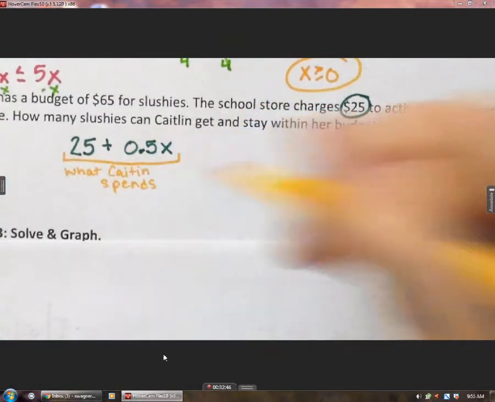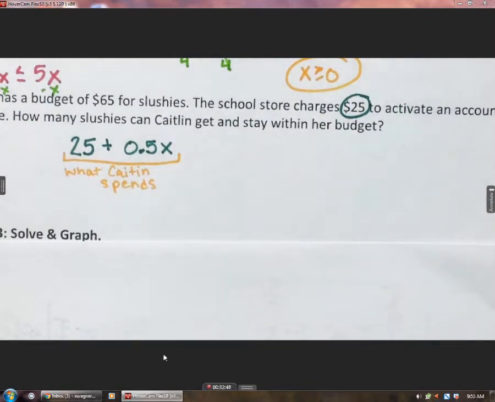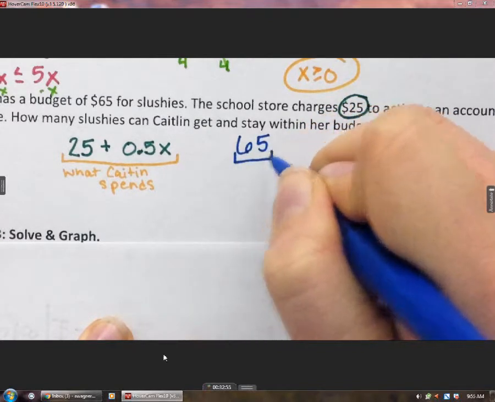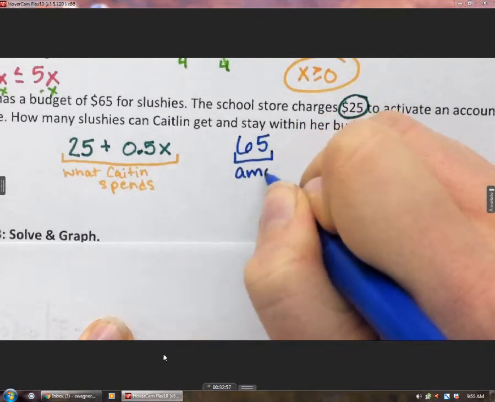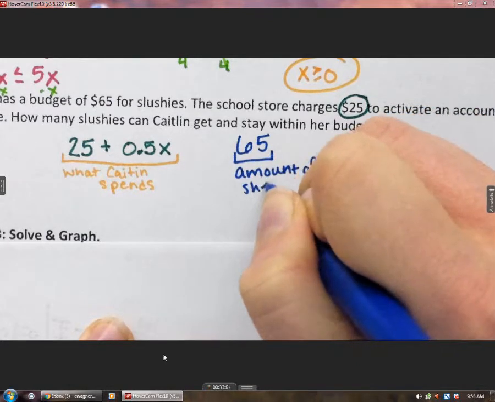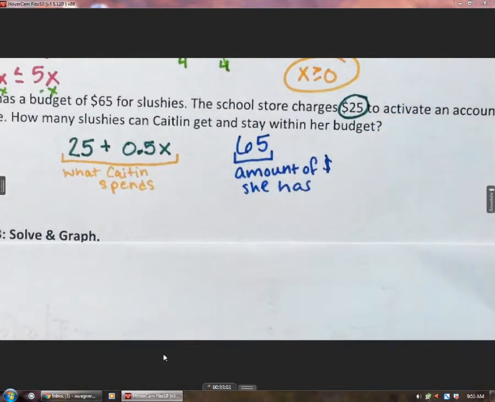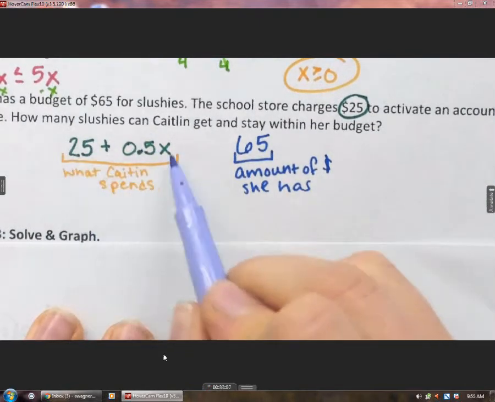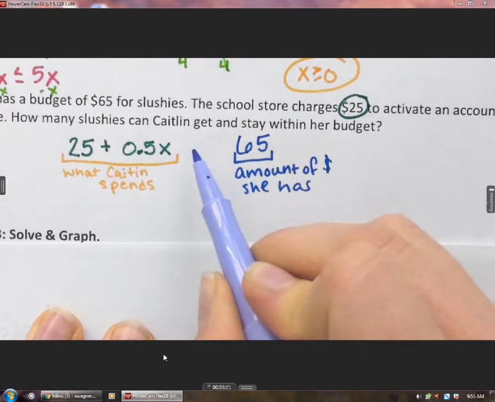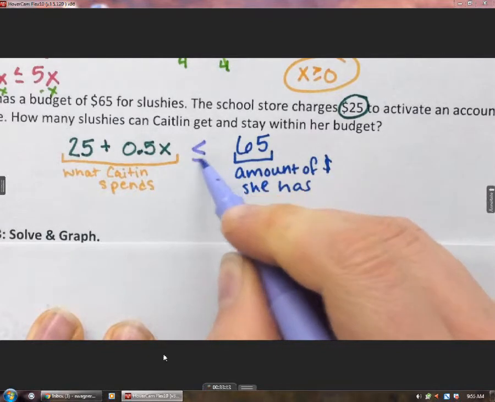So, this is what she spends. How much money does she have to spend? What's her budget? $65 is the amount of money she has. So what inequality do I write in between this? What symbol am I looking for here? I'm looking for a less than or equal to.